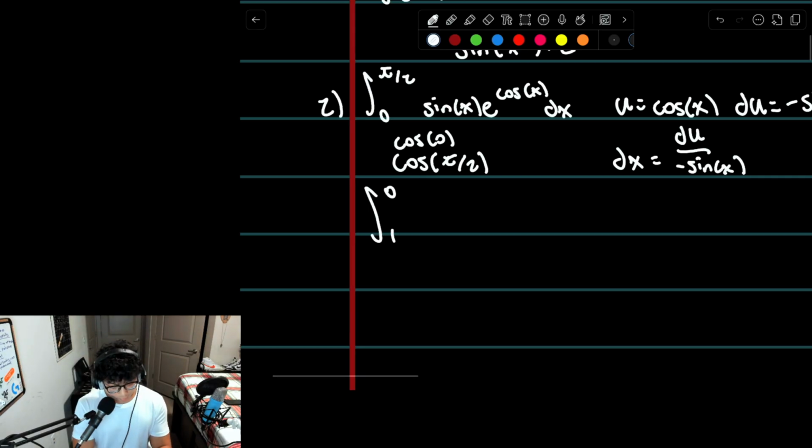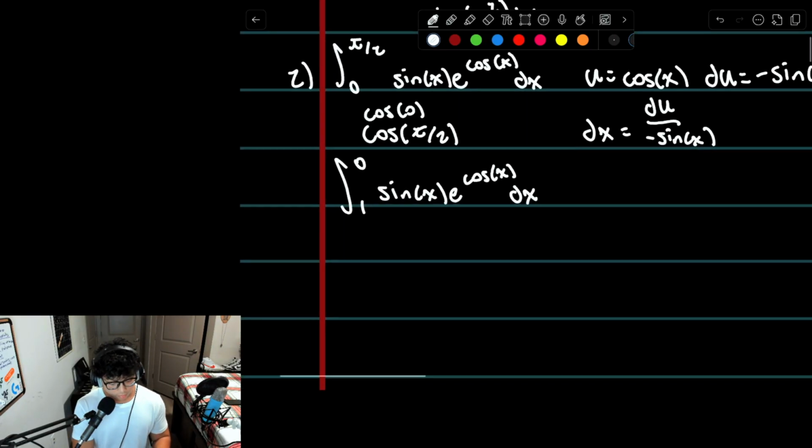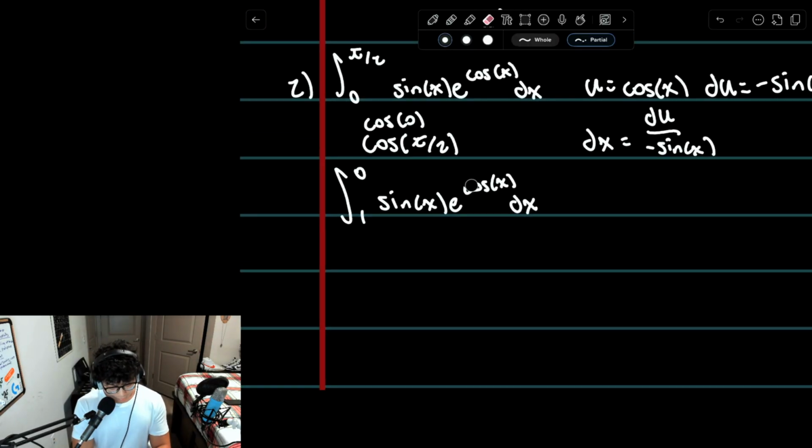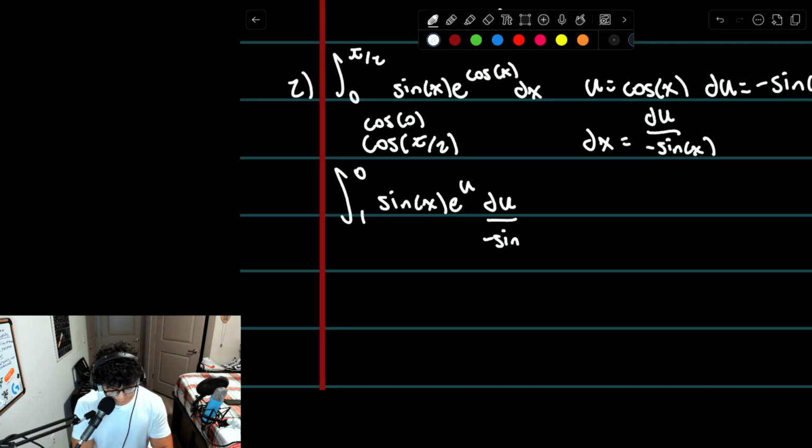So now we will plug in our sine of x, e to the cosine x, dx. Oh, I'm sorry, I didn't even plug in anything. So this is actually e to the u, and then our dx is du over negative sine x.